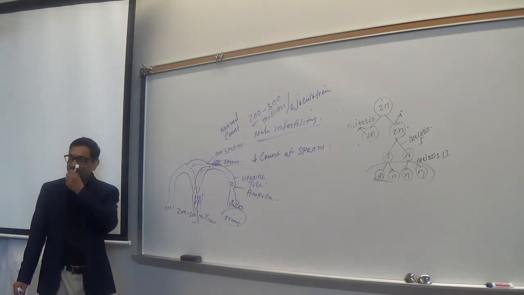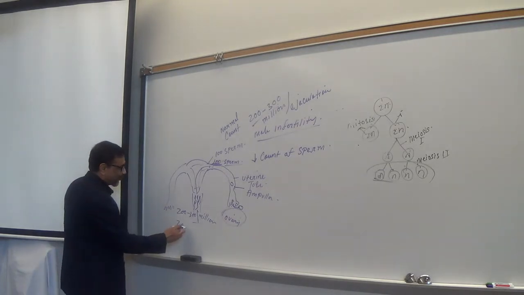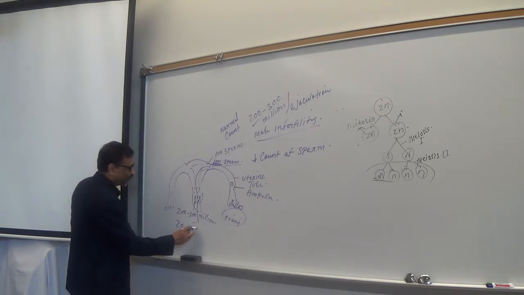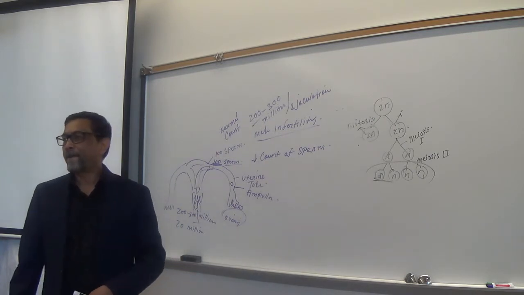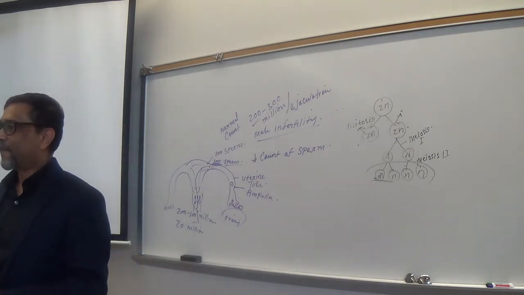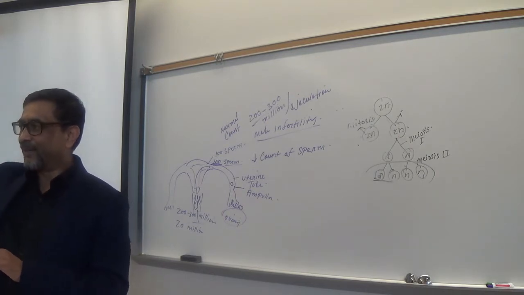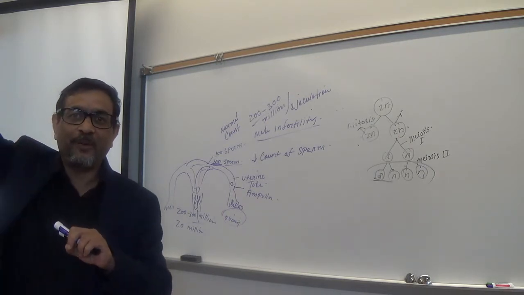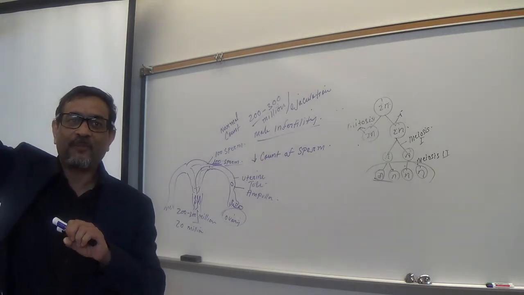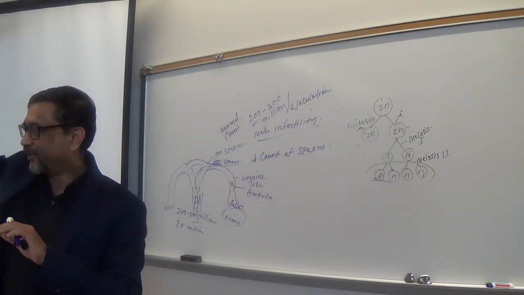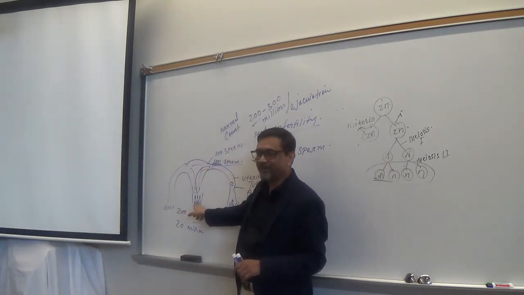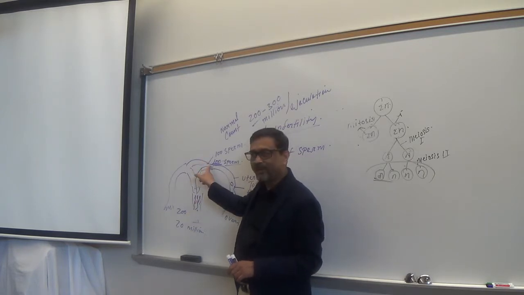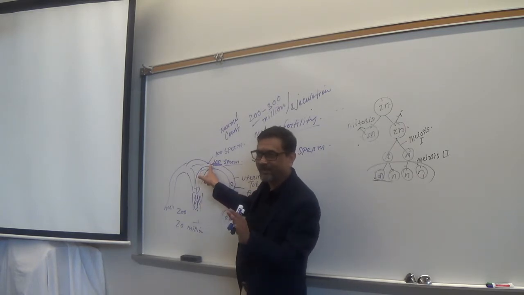Now if the count is like 20 million, 20 or 30 million, how many will come here? Just think 200 million. Out of 200 million, how many go there? 100, right? If 200 million is here, I said only 100 arrives here, right? Let's say 200, not 300, okay?